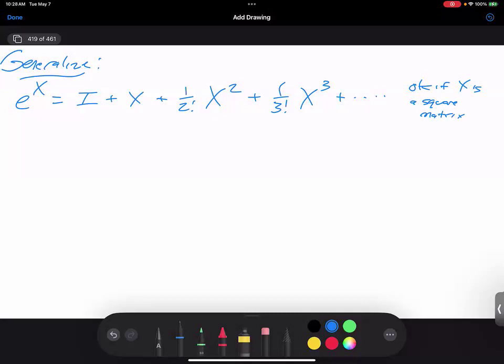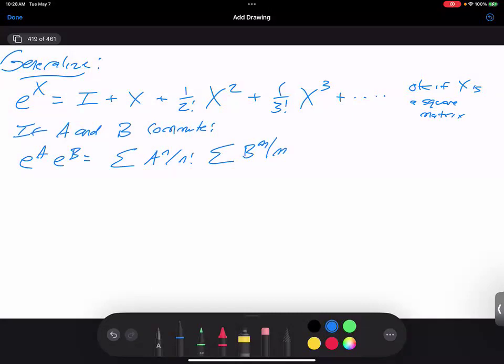And now we can talk about, can we multiply two different matrices and figure out what e to the x times e to the y would be? In general, it's going to be hard. But if A and B commute, then e to the A, e to the B would be the sum of A to the n over n factorial, the sum of B to the m over m factorial.